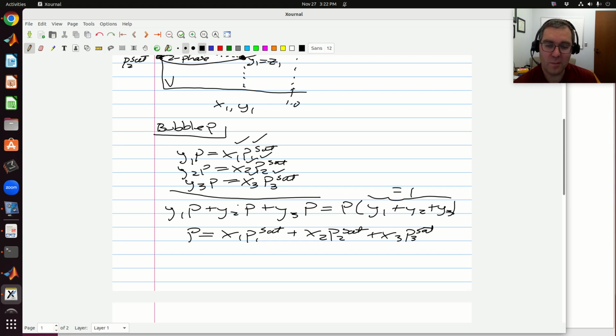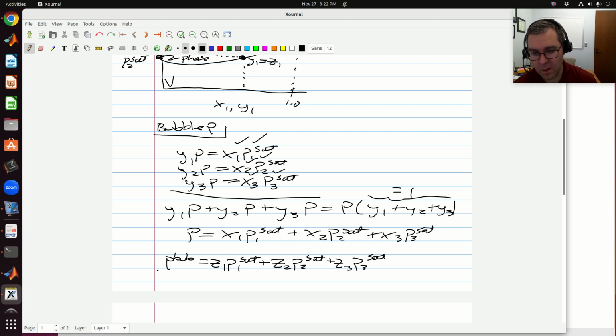Now, the key to make this complete for a bubble P calculation is that at my bubble point, X1 is equal to Z1, so my X's are equal to Z. When X is equal to Z, that pressure corresponds to my bubble point pressure. So I'm going to write this as P bubble is equal to Z1 times P1 sat plus Z2 times P2 sat plus Z3 times P3 sat.